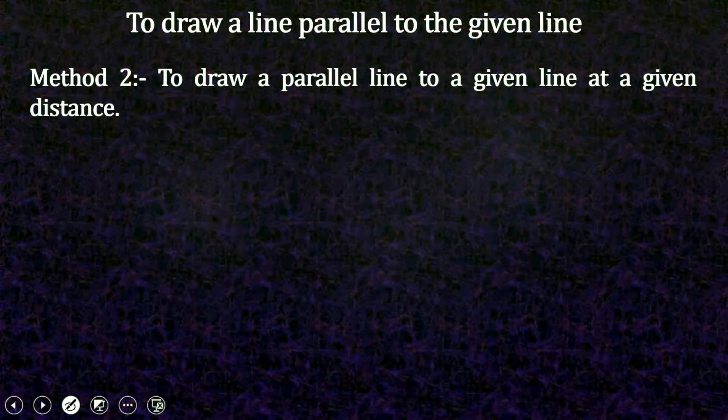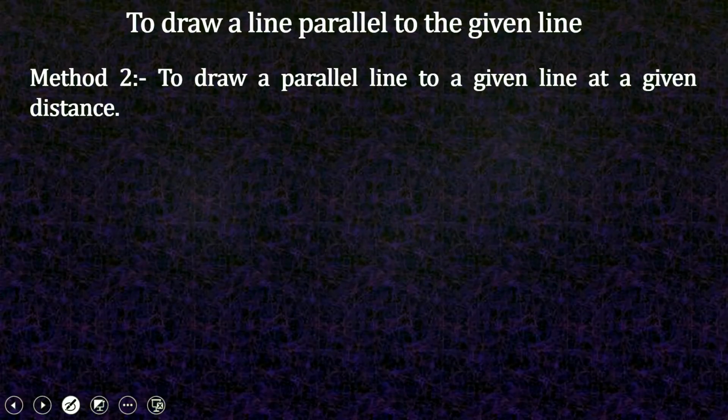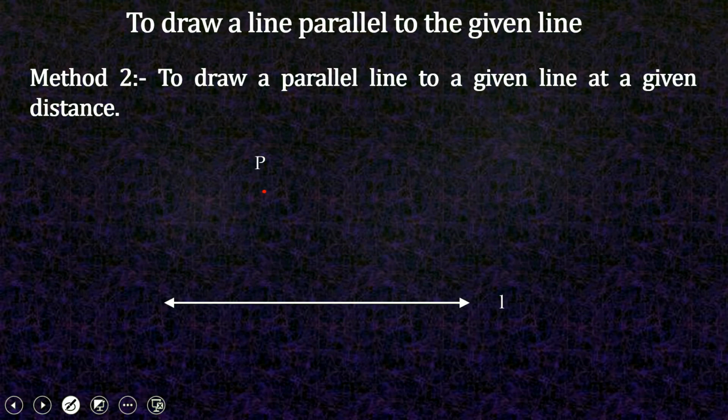To draw a parallel line to a given line at a given distance. Distance will be given to you. Draw a line. Name it as L. Take a point P outside the line. Draw a segment PM perpendicular to line L. Take another point N on line L. Draw segment NQ perpendicular to line L such that NQ is equal to MP.